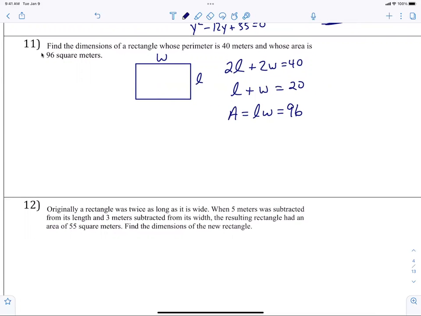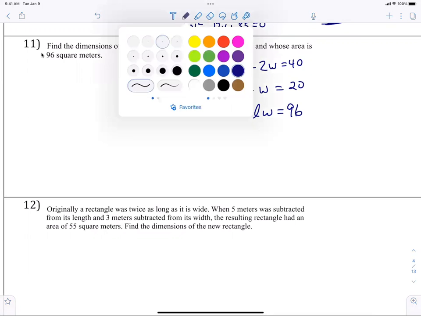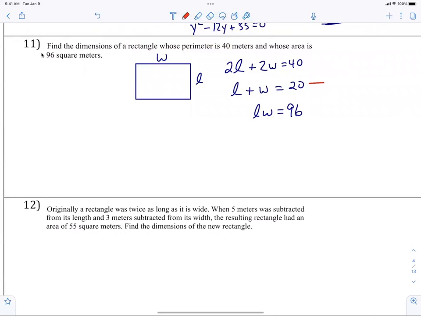Now, who can tell me what do you want to do here? Just like the last problem. What am I doing? Yeah, we're going to substitute. So I want everybody to make themselves a little note here. What do I have to solve for? W, good job. So W equals what? W equals 20 what? 20 minus L is correct.